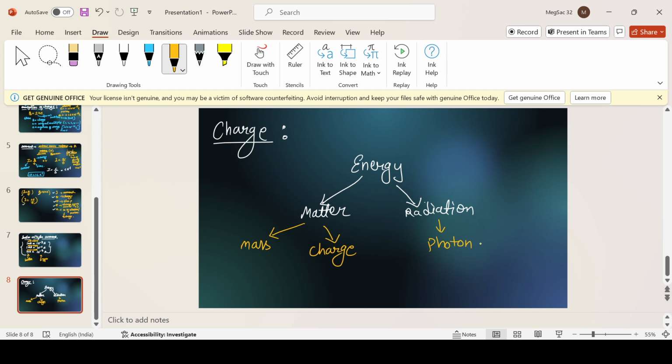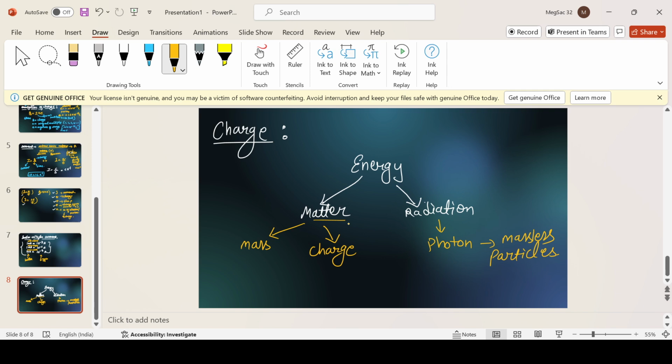Now these photons, let's talk about this very simply, as it's not for you right now. These photons are massless particles. We call them quanta particles also. Quanta particle means quantum particle, the particles which are very, very small.